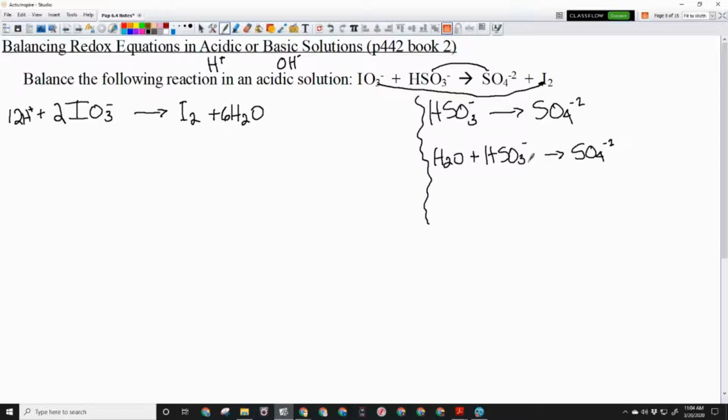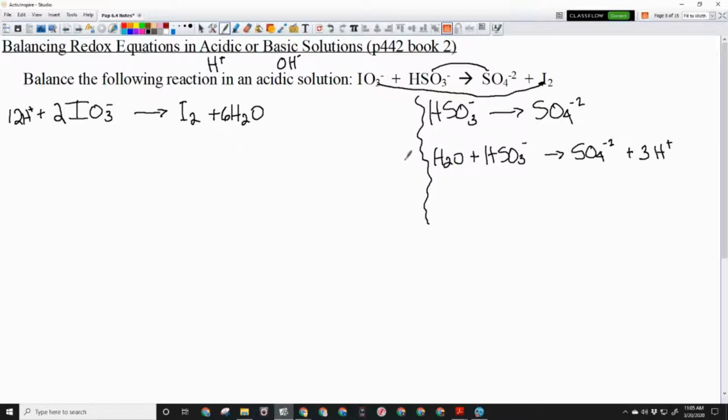Now that the oxygens are fixed, we have 4 oxygens, we need to fix the hydrogen. So we need to add hydrogen to this side. How many? We have 2 plus 1 is 3 hydrogen added to this side. Let's double check this to make sure it's correct. 2 plus 1 is 3 hydrogen, 3 hydrogen. 1 O plus 3 O's, that's 4 O's. So we have 4 oxygens here, and then 1 sulfur, 1 sulfur. All right, so now these 2 half equations have been balanced.